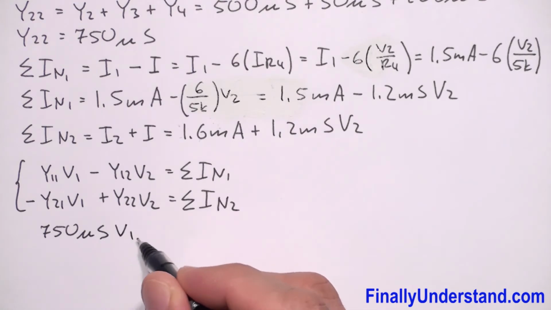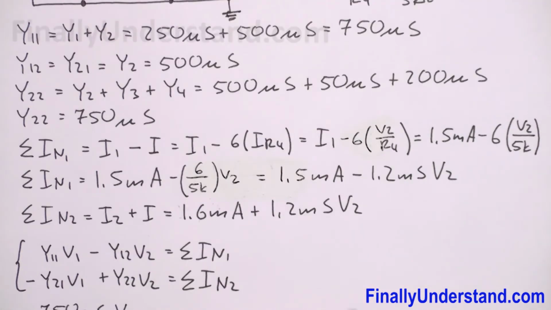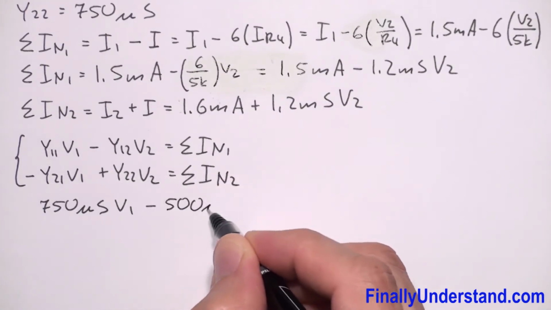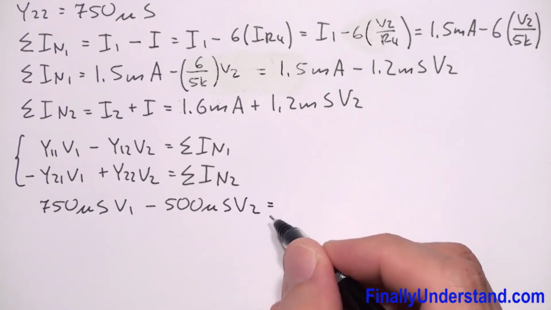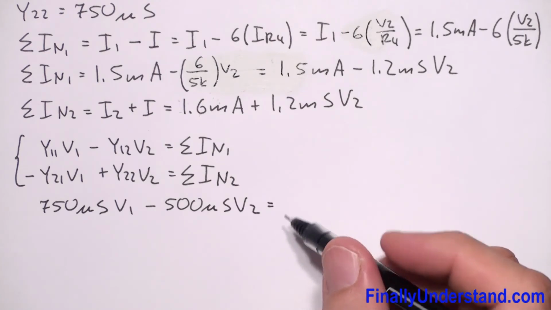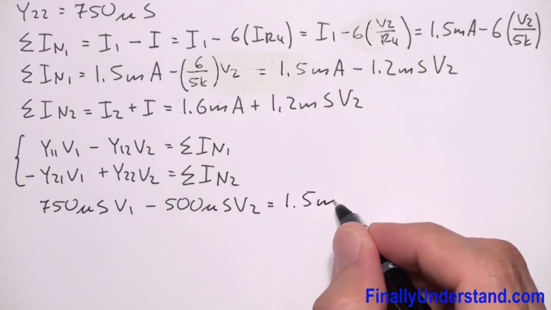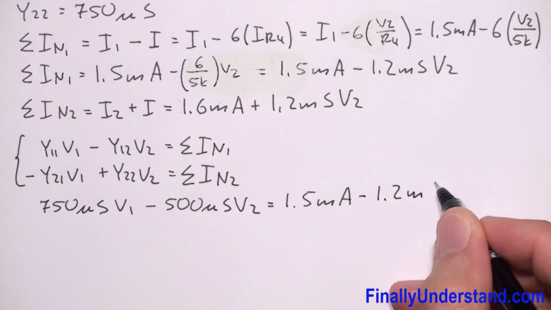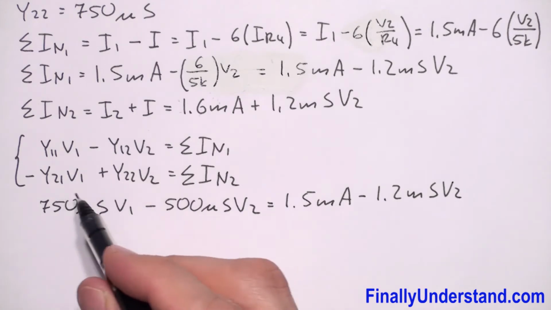Now V1 minus Y12, which is equal to 500 microsiemens, so I have 500 microsiemens, and this is V2, and this is equal to the sum of the currents at node 1. So this is 1.5 milliamps minus 1.2 millisiemens V2. Now let me write the second nodal equation.